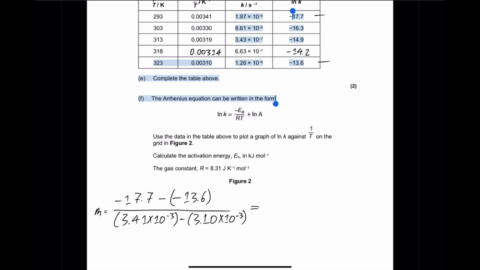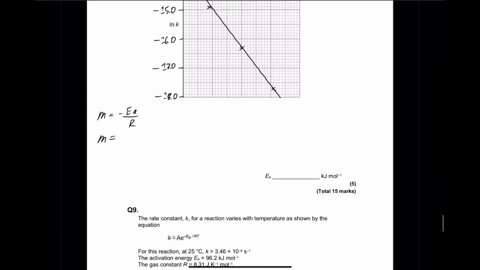Okay, so our value for m is minus 13,225.8, really. Right? So now we know that's the m.